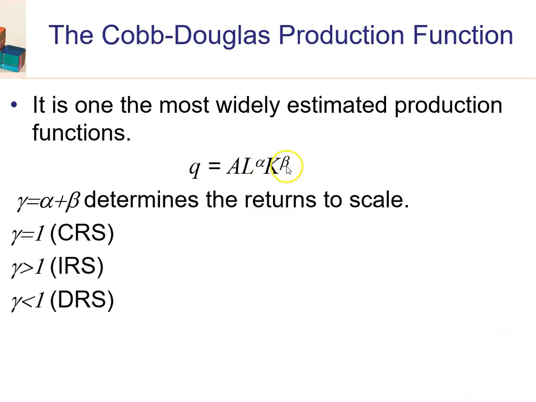If your alpha plus your beta sum up to 1, your gamma is equal to 1, then you have a constant returns to scale production function when you have a Cobb-Douglas production technology. If your gamma exceeds 1, your superscripts add up to a number that's bigger than 1, you have increasing returns to scale. And finally, if your gamma, adding up your alpha and your beta, adds up to a number that's less than 1, this is an example of decreasing returns to scale.